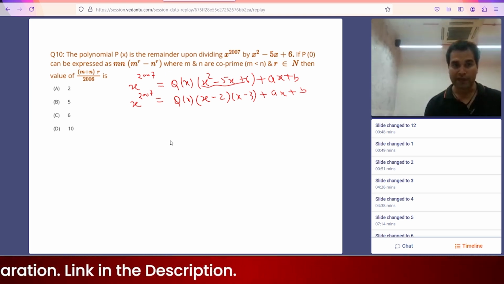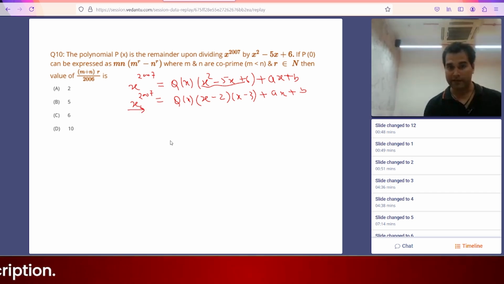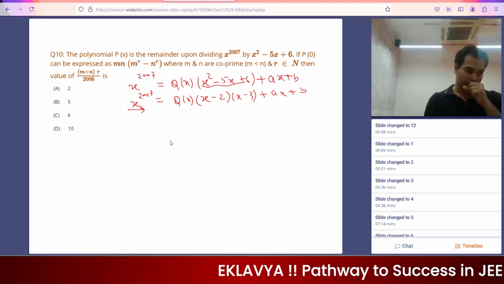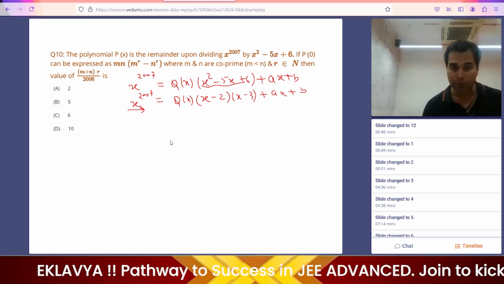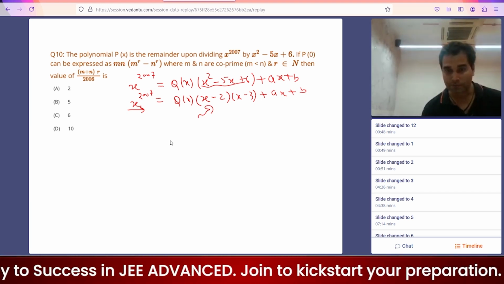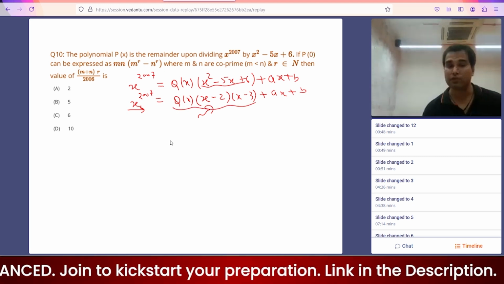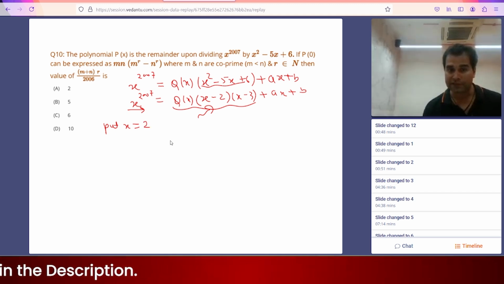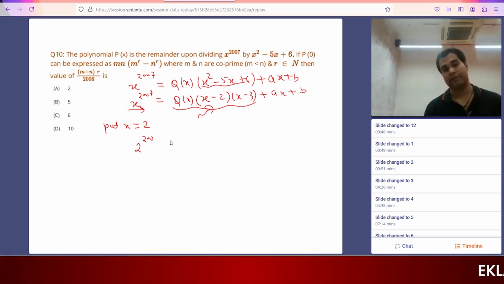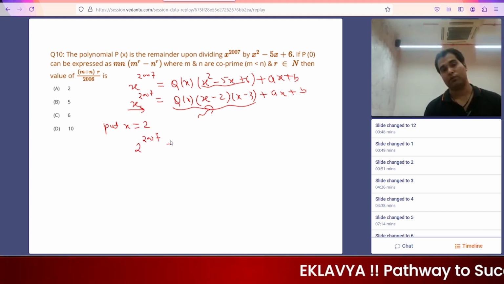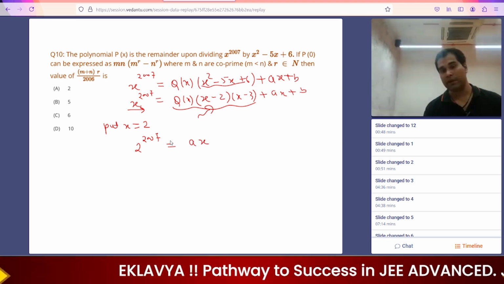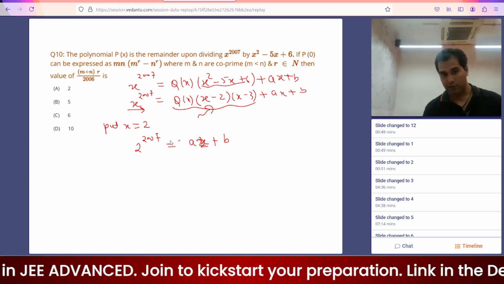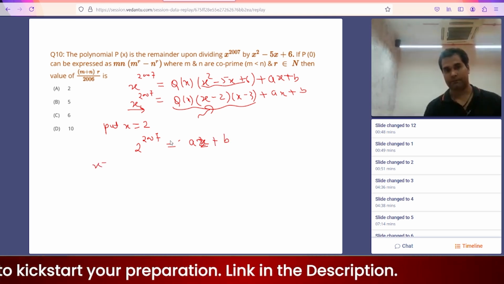And here p(0) can be expressed, and this is a polynomial x^2007. When we put x equal to 2 in both sides, the first term becomes 0, so 2 to the power 2007 equals 2a plus b.